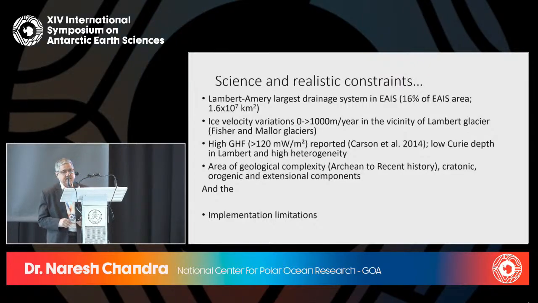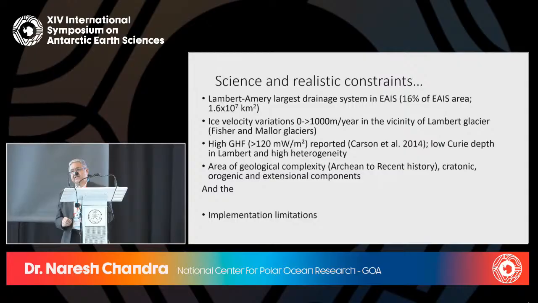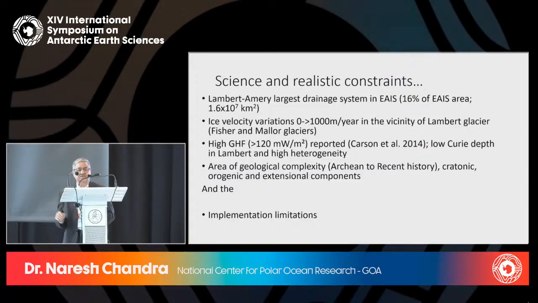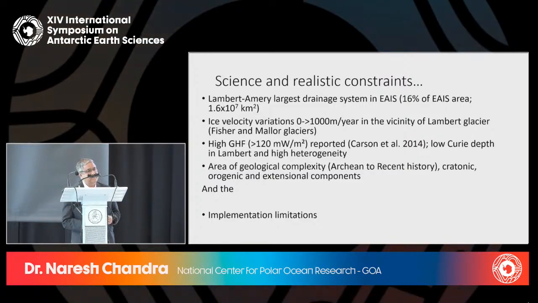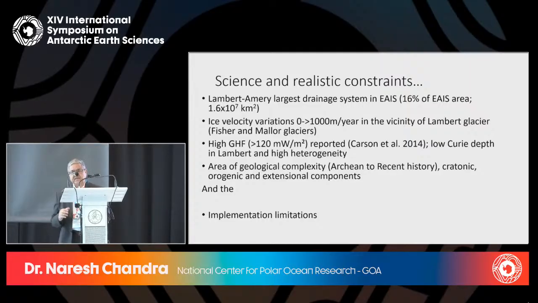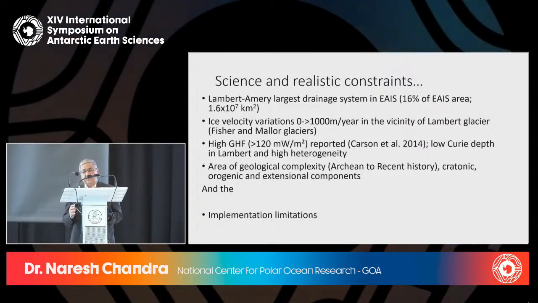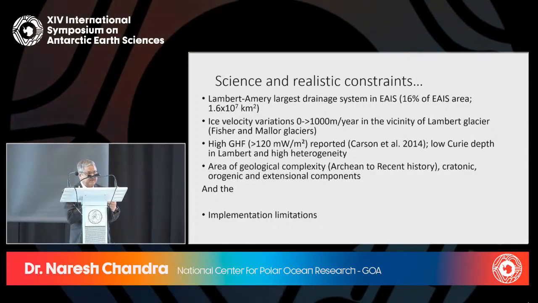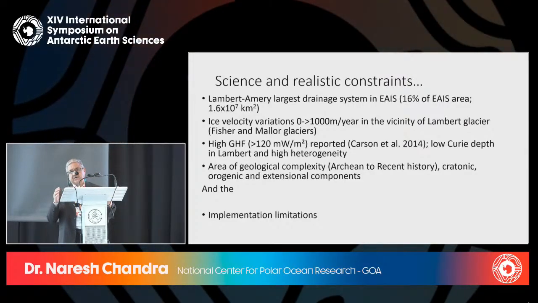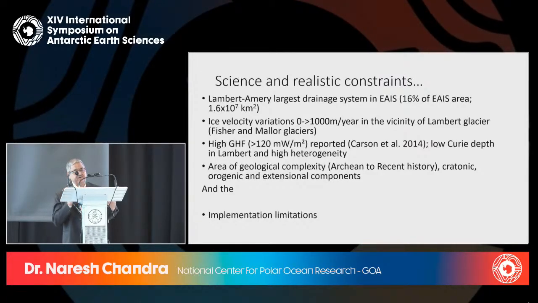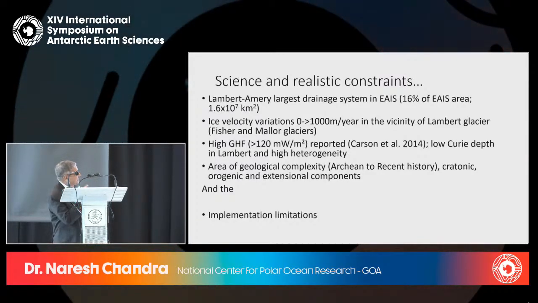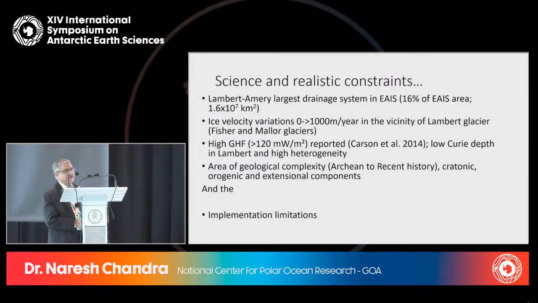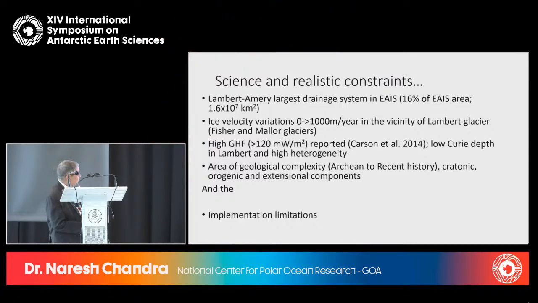Not only that, it has ice movement which ranges from practically non-existent to more than 1,000 meters per year. So there are drivers of that ice, possibly from beneath, which have created such a strong imbalance or heterogeneity in the ice movement. So the reasons for that will be important to see.